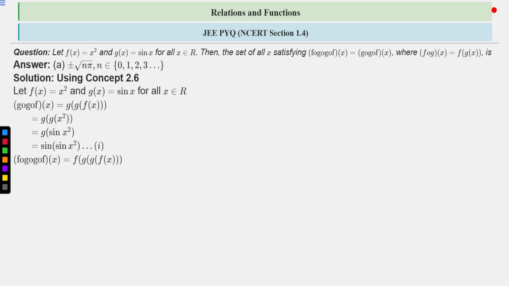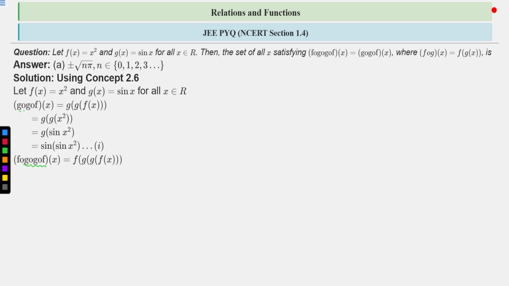Now we want to calculate fogof(x), which is equal to f of g of f(x). We have already calculated gof, which is sine of sine x square.